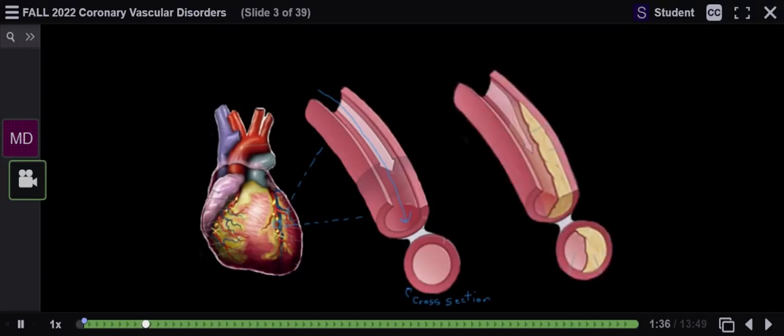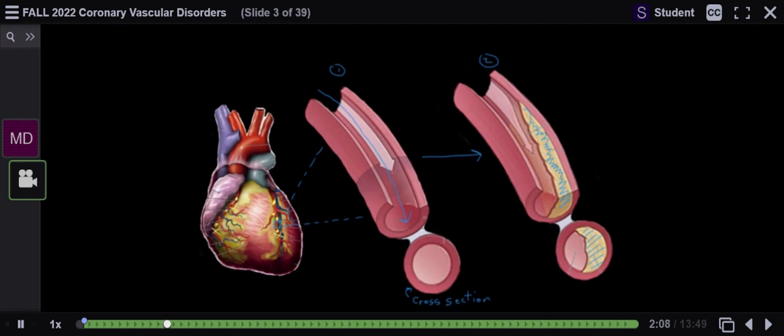Immediately, we can see a pretty big difference between the first vessel, the nice clean one, and the second vessel, the atherosclerotic, fatty plaque vessel. All this yellow stuff is some gross fatty plaque that's been deposited into the vessel wall. And if we look at the cross section here, we can see that it's really doing a number on the amount of blood that's able to flow through this vessel.